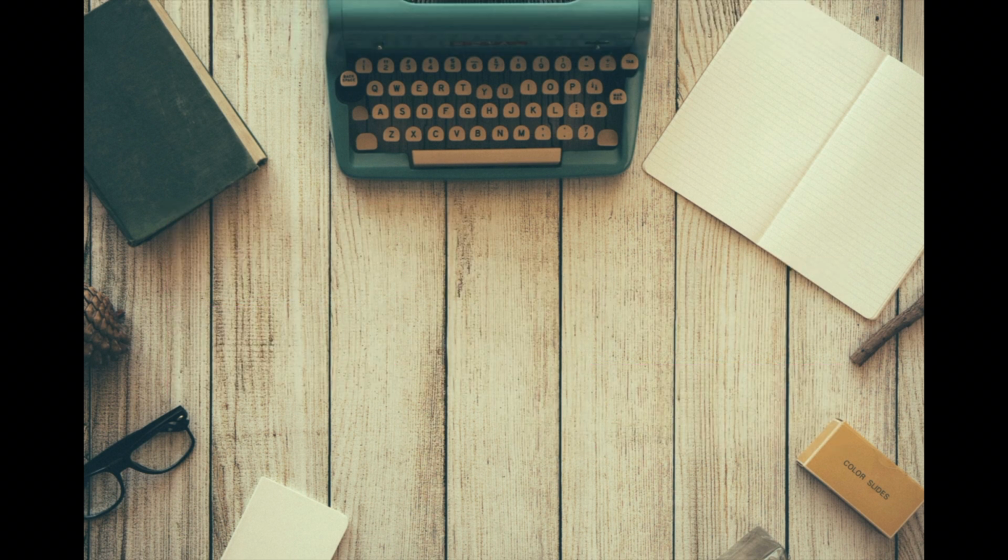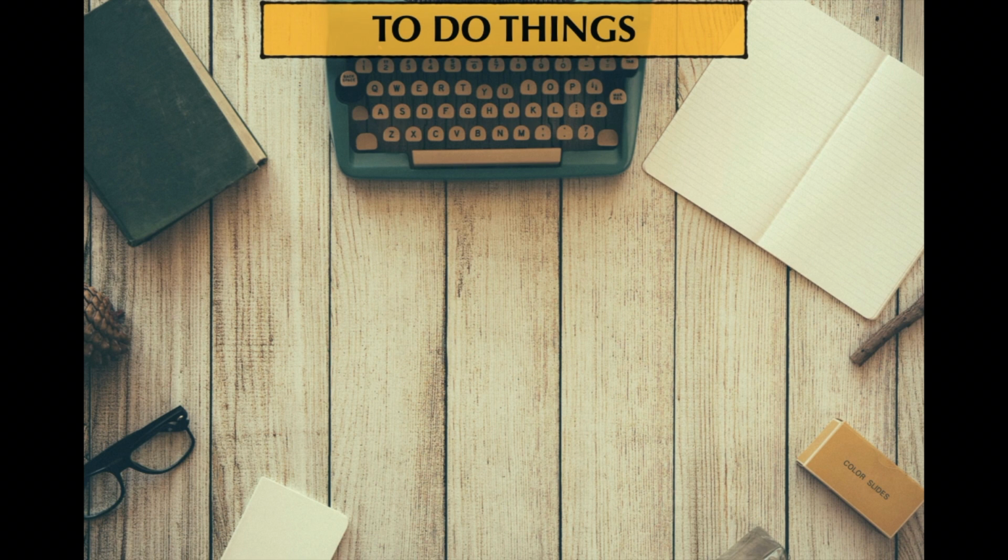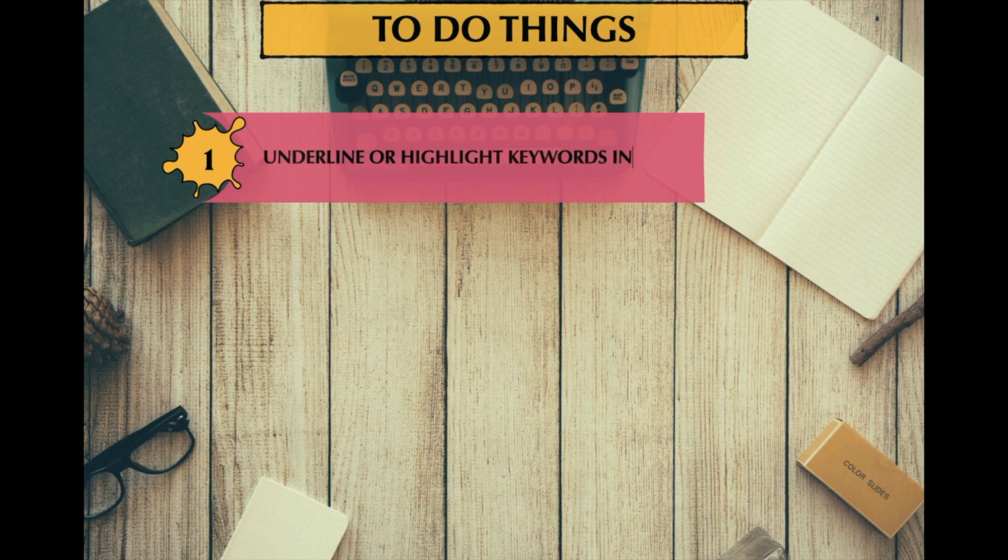Now let's look at the things that you need to follow in order to tackle the question types that we have discussed. First thing that you need to do is underline or highlight keywords in the question. It is very important to highlight or underline a keyword because that keyword will be contained in the passage. The keyword that you select will give you a brief idea about where your answer can lie in the passage.